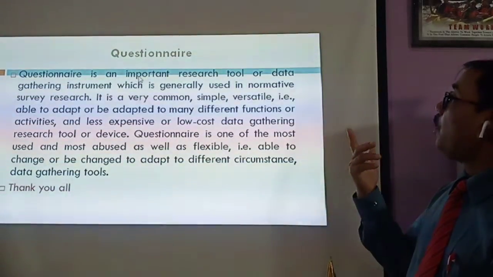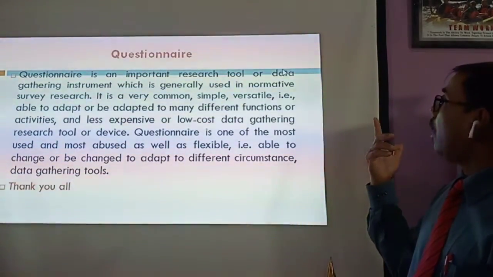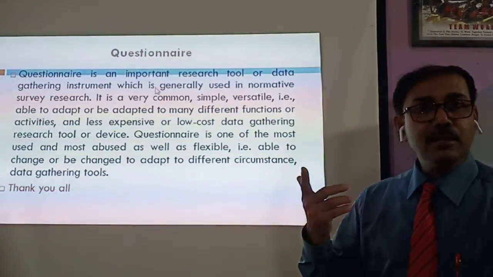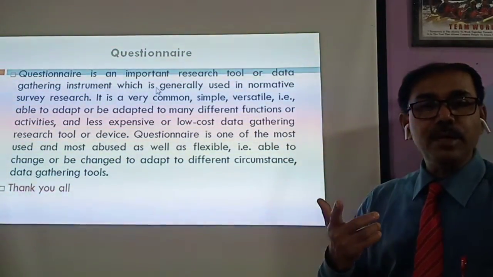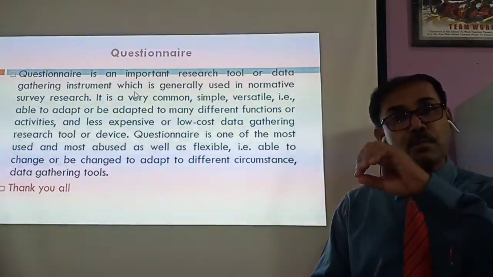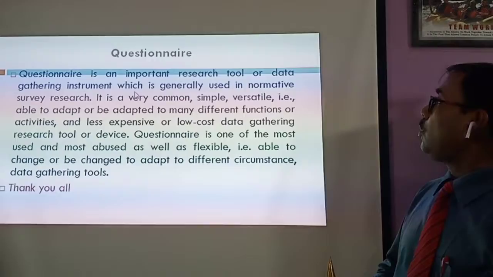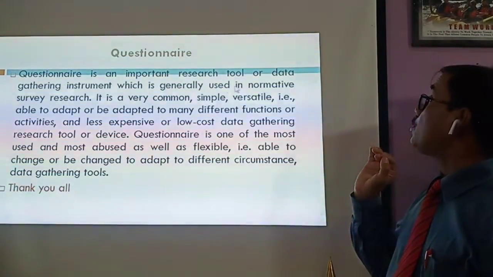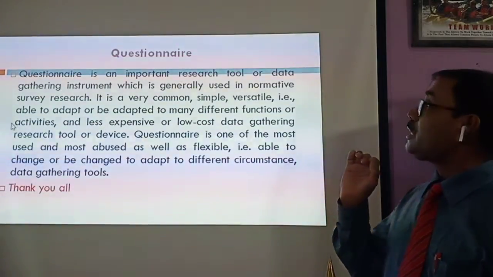Questionnaire is an important research tool or data gathering instrument. Tool means instrument for the collection of data, and that's why questionnaire is one of the most important and most commonly applied research tools, generally used in normative survey research.